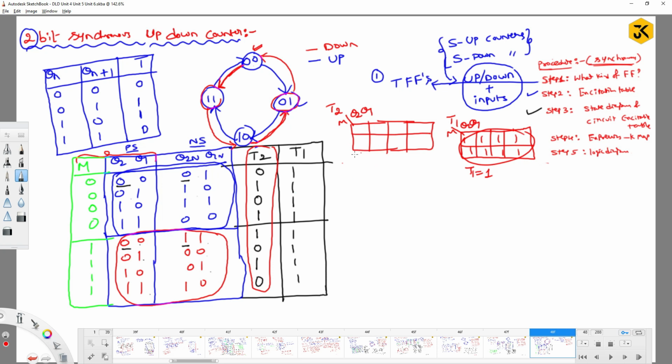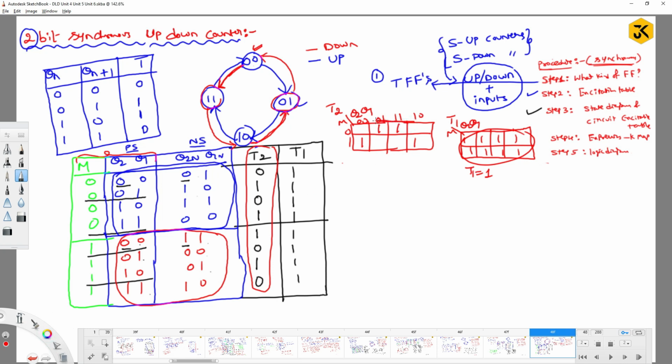What might be the T2 value? For the T2 value, you have to go with these particular values 001 and 011 and 100 110. For these you have to place the 1, right? So if I extend with the values 00 01 11 10, 001 is going to be 1, 011 is going to be 1, 100 is 1, 110 is going to be 1, right? Yes. How can we combine?